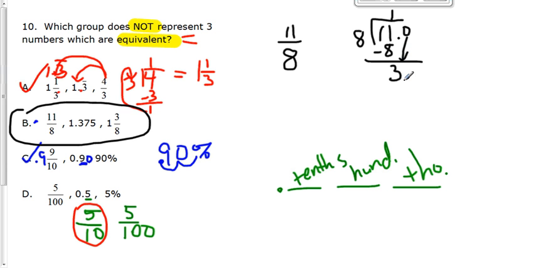Bring our 0 down. 8 goes into 30 twice. I'm sorry, 3 times. So 8 times 3 is 24. You subtract 30 take away 24, and we're left with 6. We have to add our 0 and bring it down. So 8 goes into 60 7 times, which would be 56.